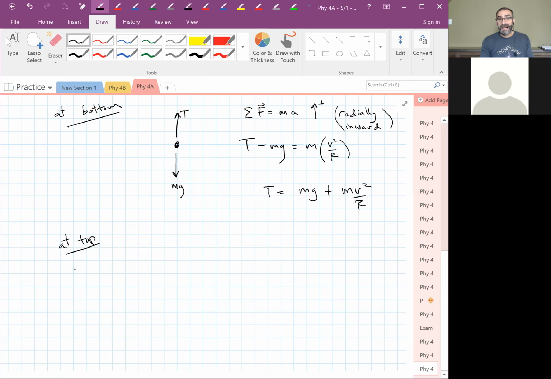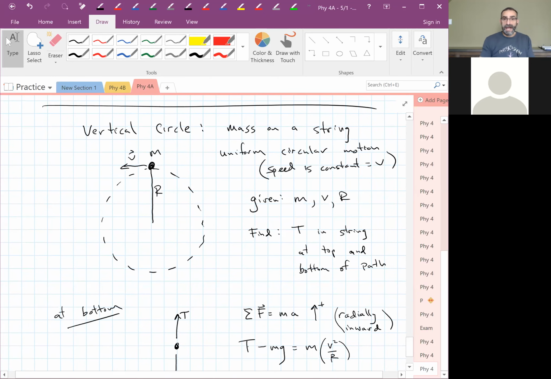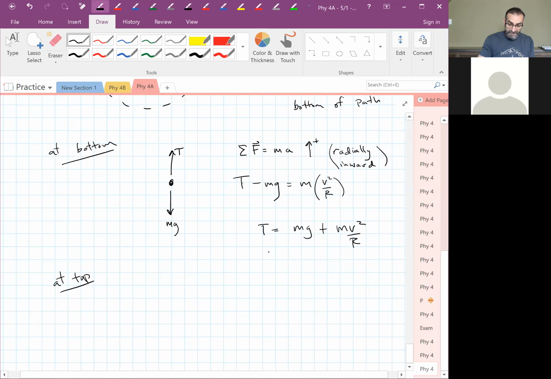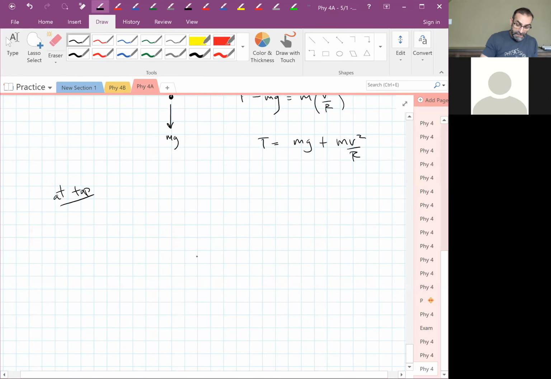Let's think about what causes centripetal force in this example. We've got a blob on a string swinging around. What's causing the centripetal force? Tension in the string. Let's think about a car moving around a circular path.